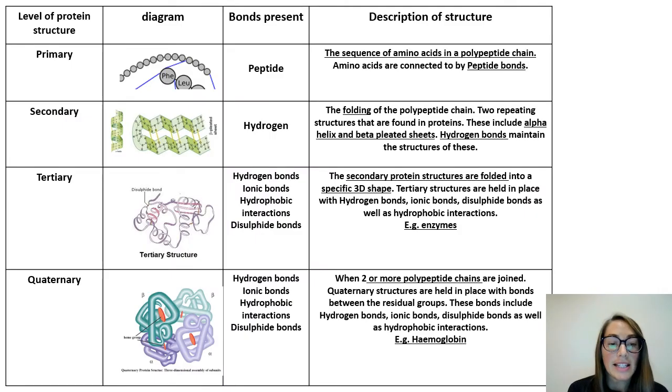You were asked to complete this table as part of your activity, so you might want to pause the video quickly and check your phrasings and see if there's anything you can add. A little thing to mention here is do take particular notice of where we've got these underlined sentences or keywords. For example, the primary structure is the sequence or order of amino acids in a polypeptide chain.